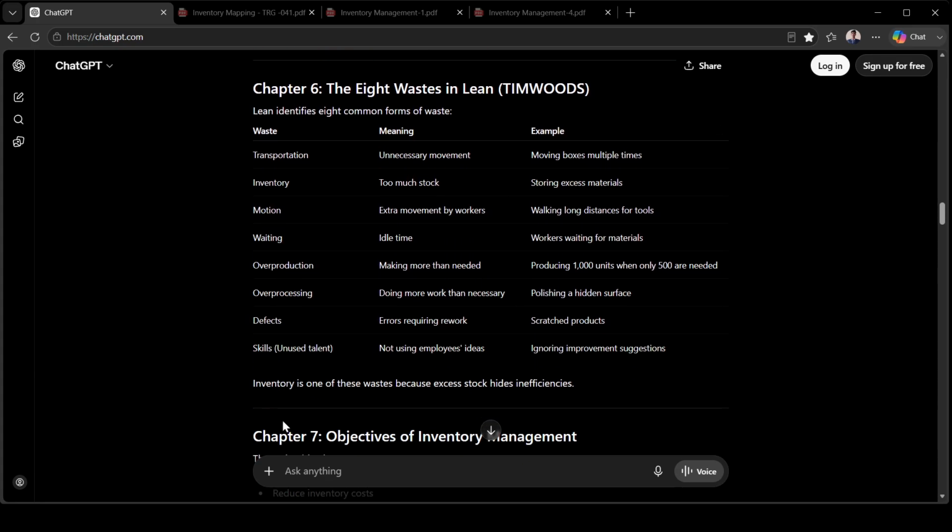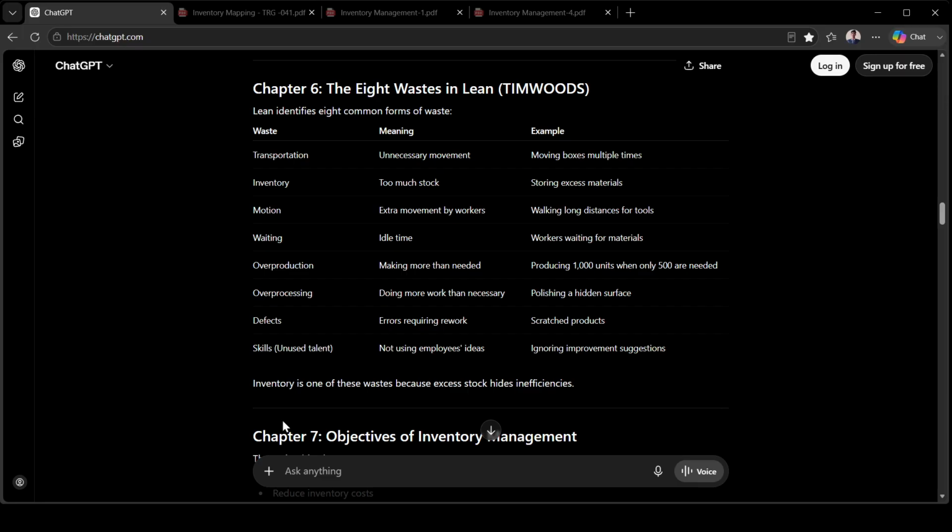In chapter 6, the eight wastes in lean manufacturing. Transportation: unnecessary movement, moving boxes multiple times. Inventory: too much stock, storing excess material. Motion: extra movement by workers, walking long distances for tools. Waiting: idle time, workers waiting for materials. Overproduction: making more than needed, producing 1000 units when only 500 are needed.